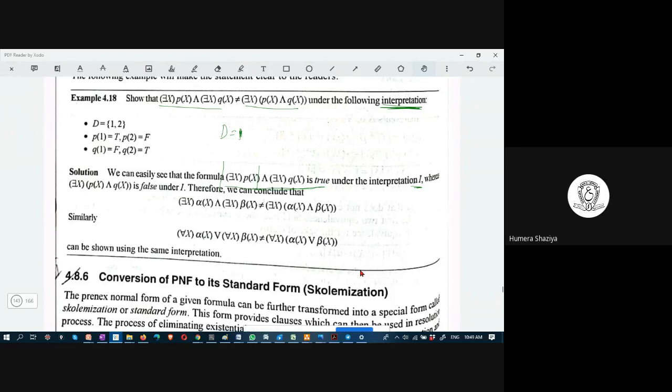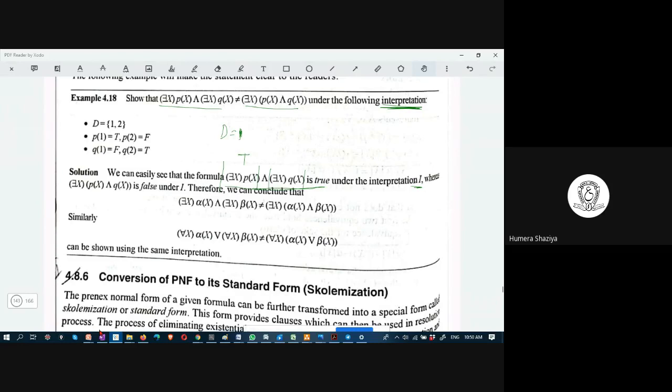There exists x p of x means there is some value in the domain for which p of that value is true. This is true because there exists one where p of 1 equal to true. And this is another formula. There exists x, q of x is true.